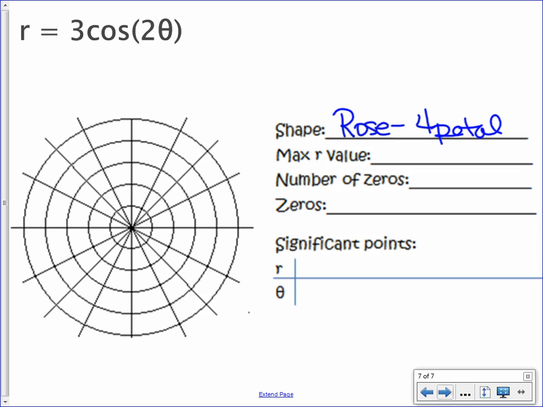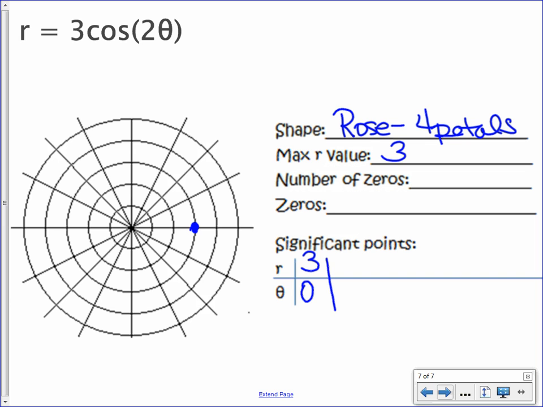And how long are those petals? They are length 3. Let's talk about where our rose curve begins. When we plug in 0, r is, oh, that makes it nice, doesn't it?